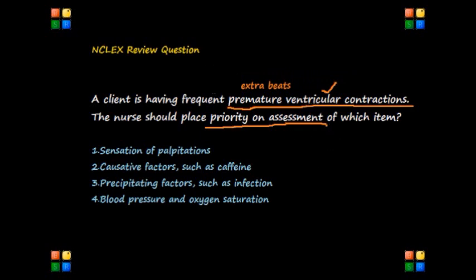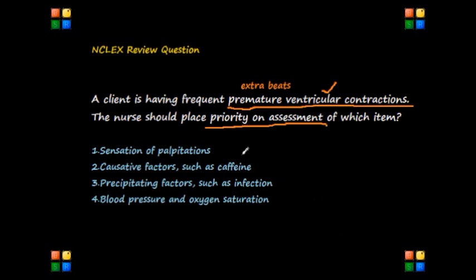So if you do have an occasional premature ventricular contraction, but you're a healthy person, there's generally no reason for concern and no treatment is needed. But if you do have frequent premature ventricular contractions and you do have an underlying heart disease or a diagnosis, right, you may need treatment, okay?